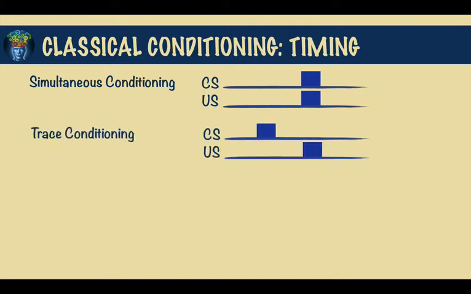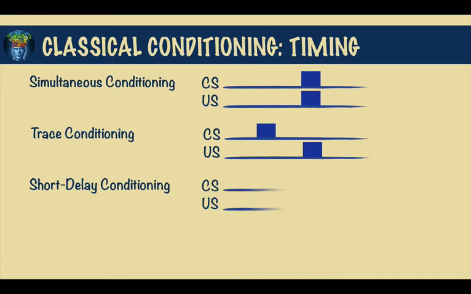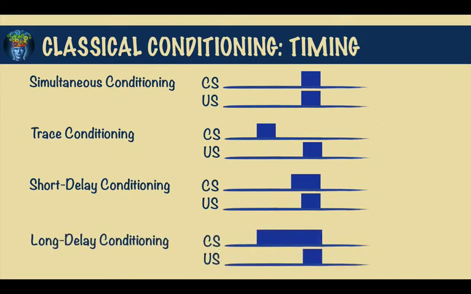In trace conditioning, the CS begins and ends before the US is presented. In short delay conditioning, the CS begins just before the US, but both end together. And then long delay conditioning is much the same, but the CS is presented for a much longer time. Our research suggests that the most effective temporal arrangement occurs in short delay conditioning.